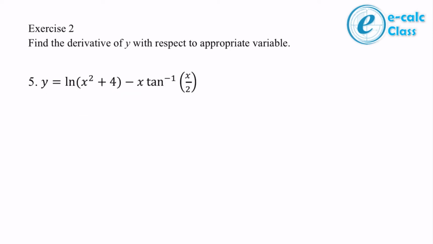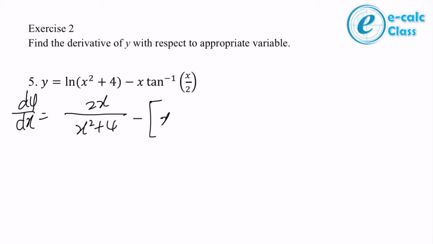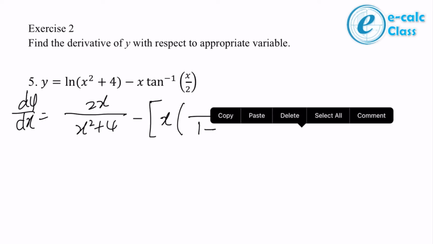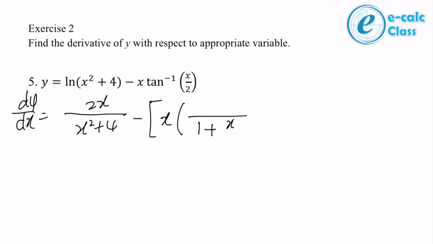Next, we have ln and we have tangent inverse. Don't worry. For ln, 1 over copy whatever is inside, then differentiate inside, minus product rule here, right? Copy the first function, differentiate tangent inverse. Tangent has no square root, 1 plus the square of whatever is inside here, then differentiate the inside function.